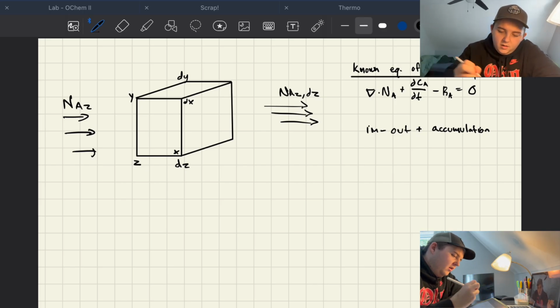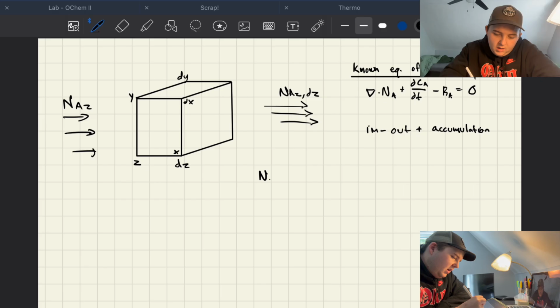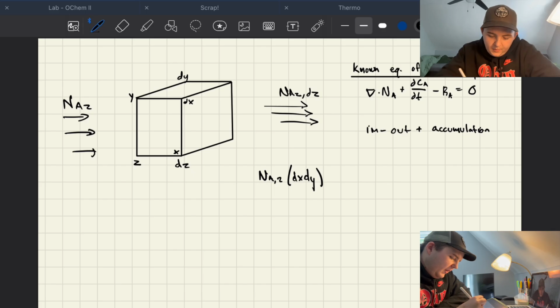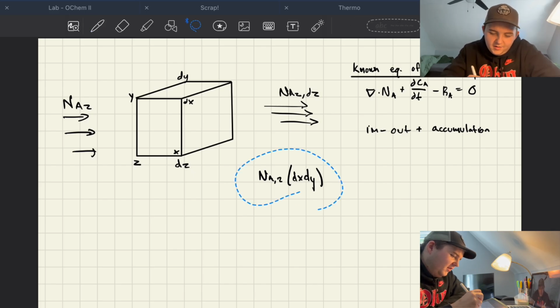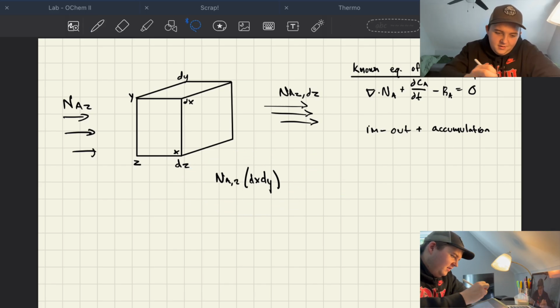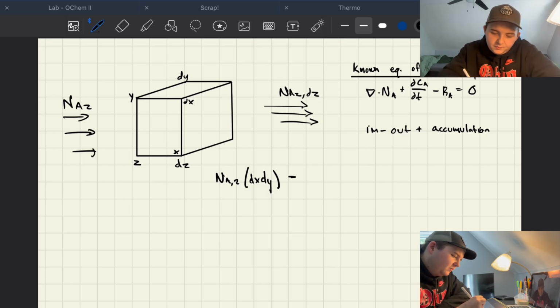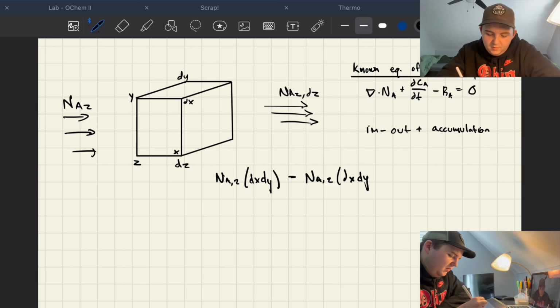So our in value is going to be N_Az dx dy, and then we're going to need a lot more space, or I need to start writing smaller. So that's our in, so now we need our out, which is going to be N_Az at z plus dz, dx dy, same thing as before.